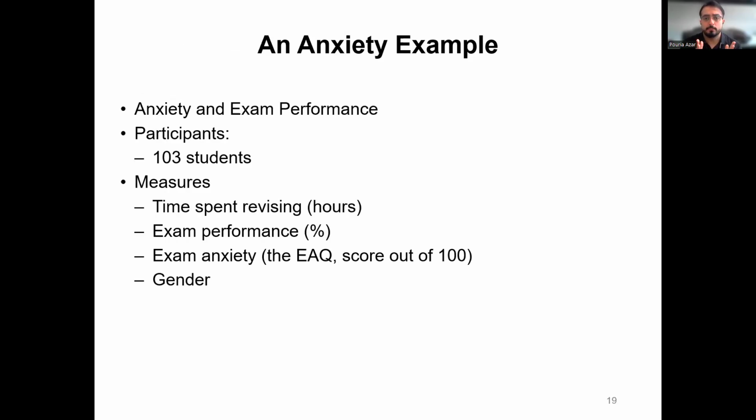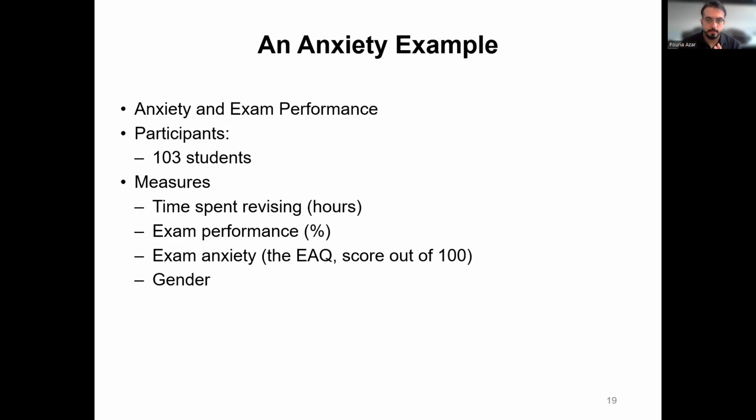So here's another example, and this example is from your textbook. Anxiety and exam performance. We have 103 students, and we measure time spent revising, exam performance, exam anxiety, and gender. Remember, gender is a categorical and binary variable.